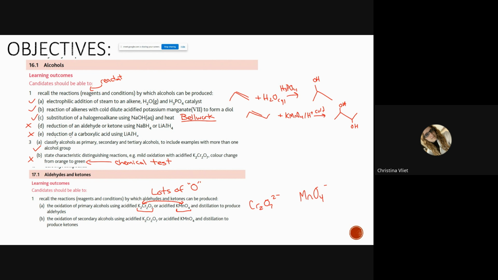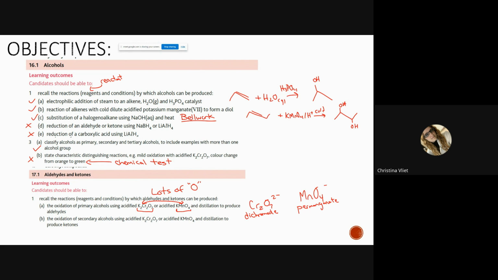What is Cr2O7? So this is dichromate, right? Polyatomic ion. And this is permanganate. These were a couple of the polyatomic ions I told you to memorize earlier in the year, specifically because they show up here. And you need to know them by name, that they show up.